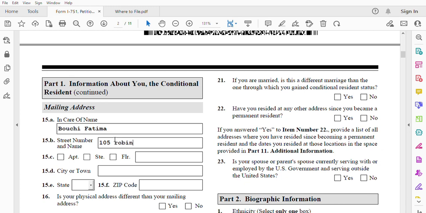City is Indianapolis. State is Indiana. And the zip code is 46221.